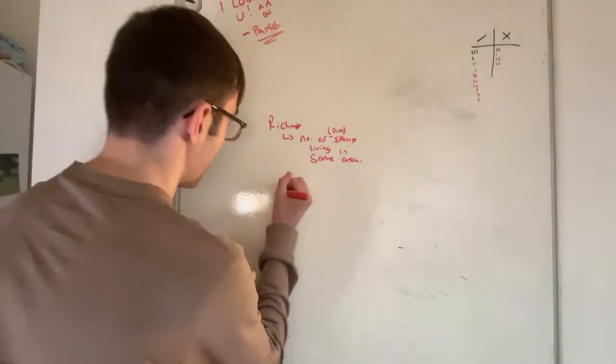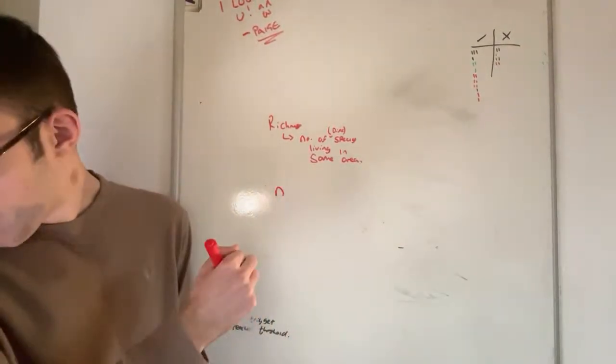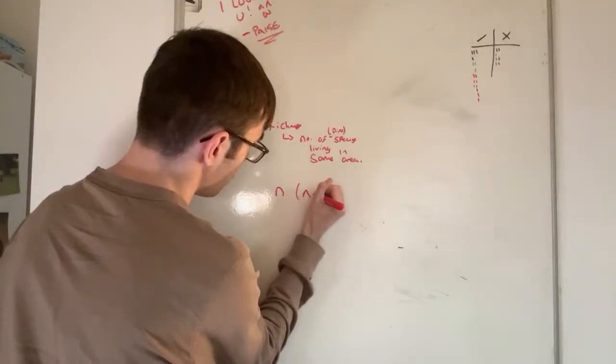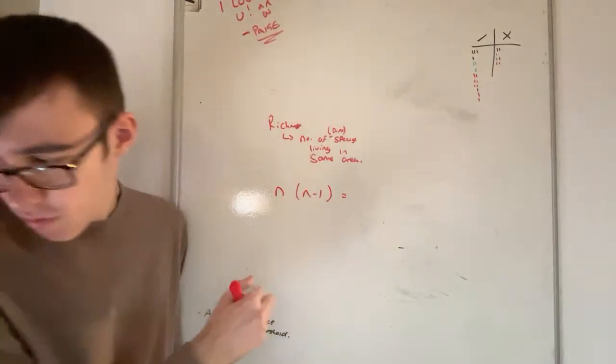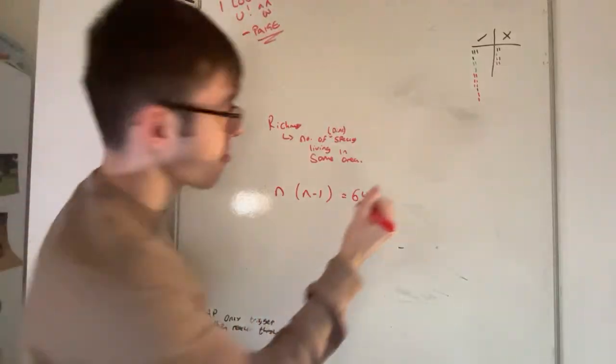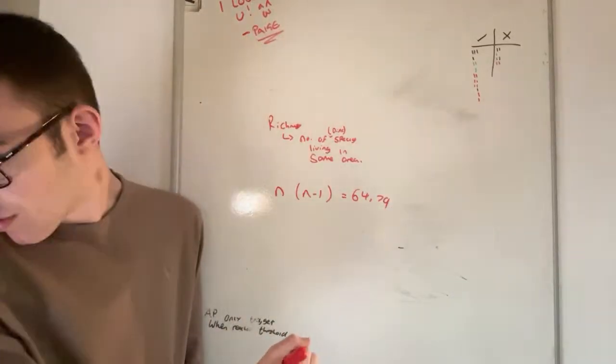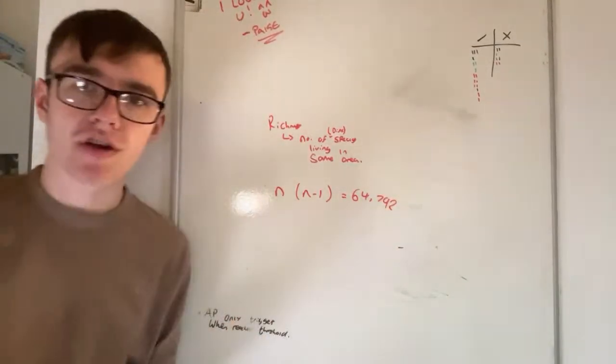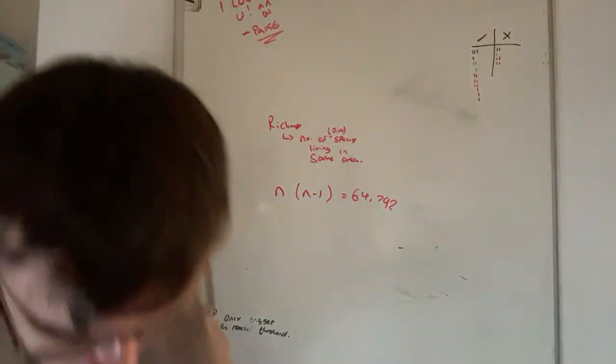Okay, hold on. N minus 1 equals 6, 4, 7, 9, 2. I could just use a calculator to figure that out.